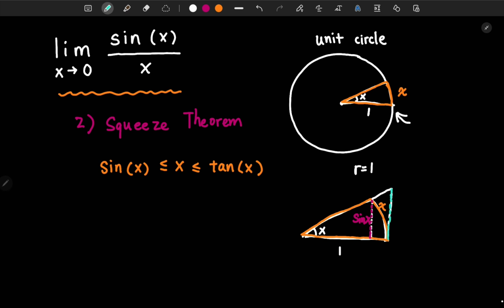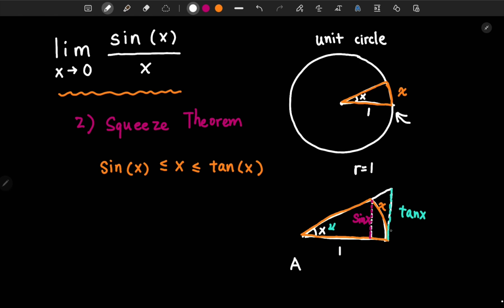This blue line is going to be equal to tangent x. A quick proof is that we are calculating the tangent of this angle. If we don't know what this blue line is equal to, we can set it as, for example, distance a.